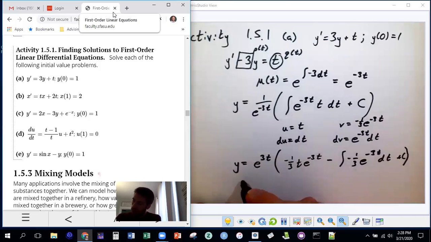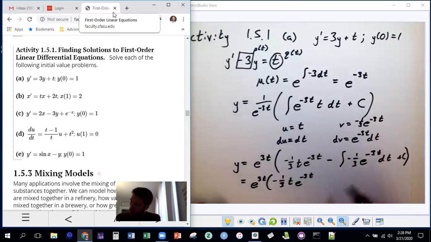So this equals e to the 3t times negative 1/3 t e to the negative 3t, and then this negative 1/3 becomes a positive 1/9, so minus 1/9 e to the negative 3t plus c.